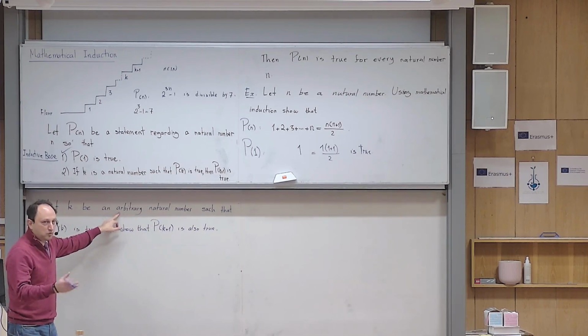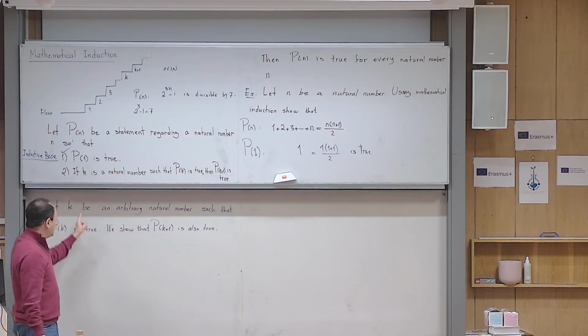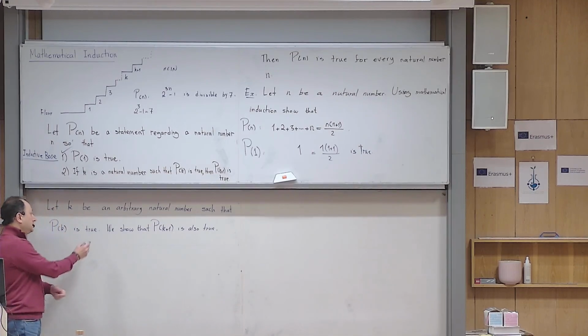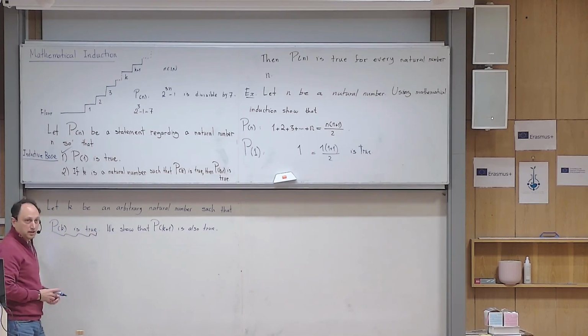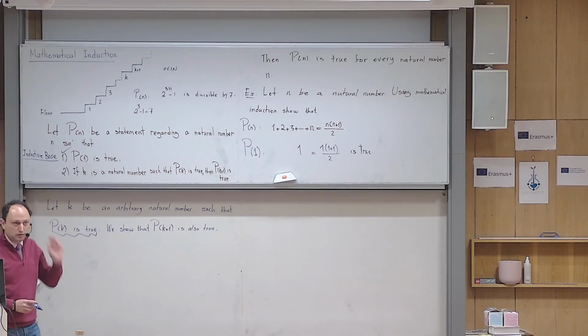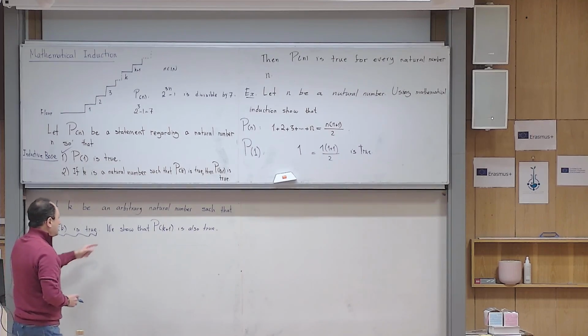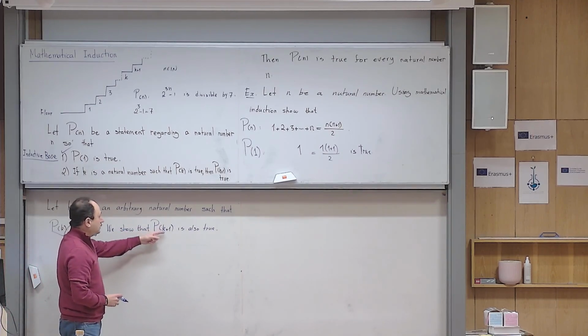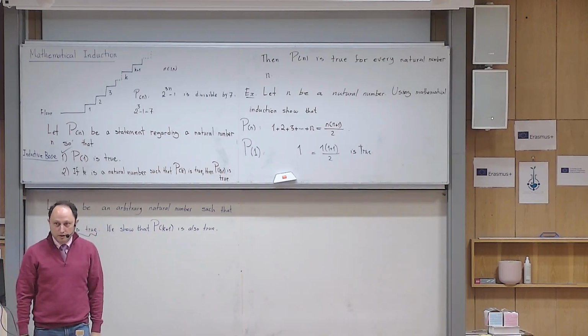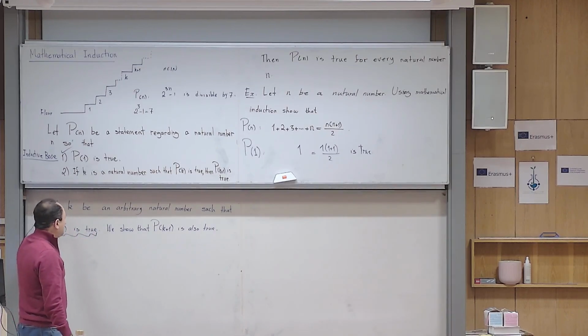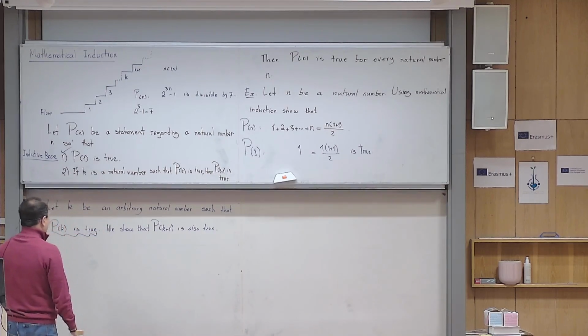It doesn't matter what number it is, it's whatever you want, but it's a natural number. And I myself assume that P of k is true. Okay, it doesn't mean it is true, it doesn't mean it's false. I am assuming that this is true. Then I show that P of k plus 1 is also true. Okay? So this is the way that you have to think about it always.